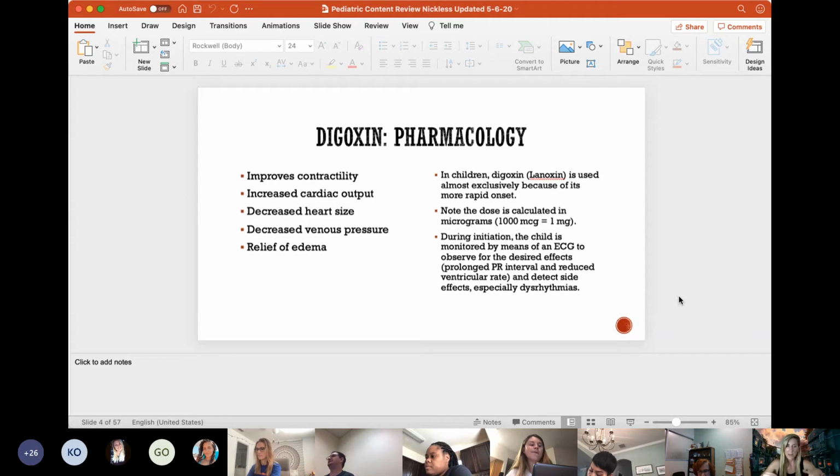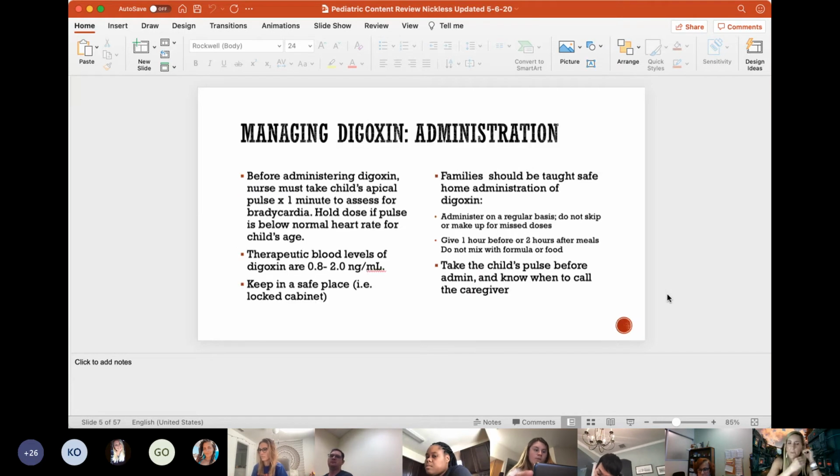So if it's a baby, it's really hard to know: is this just spit up, or have they had too much dig? Remember that when we first get them started, we're really going to watch them. Typically the dose is calculated in micrograms. So on NCLEX, you might have a drug calculation for dig, and just know that it is very common to see micrograms. And the biggest thing is, remember, we've got to check that pulse.